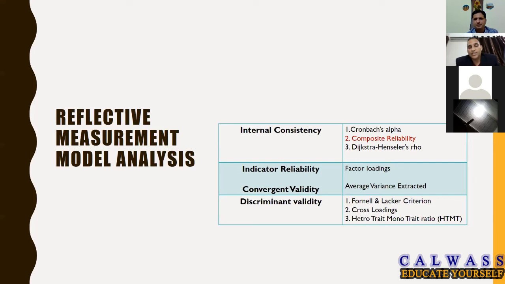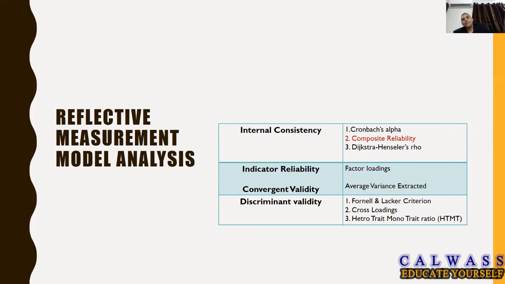We theorize that these variables are different, and this test tells us they are empirically different as well. We have to delete one variable if we are unable to establish discriminant validity.